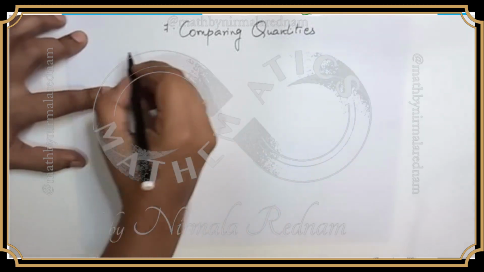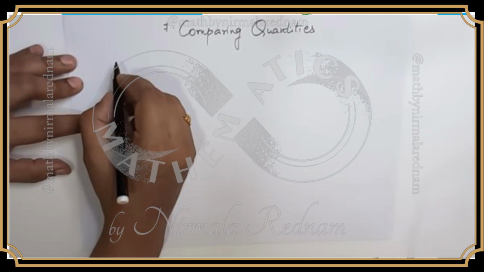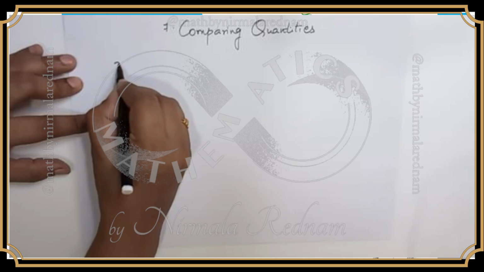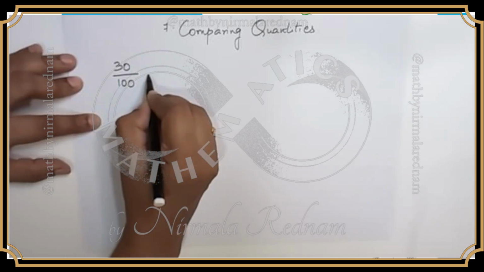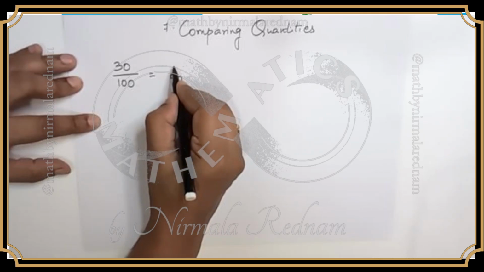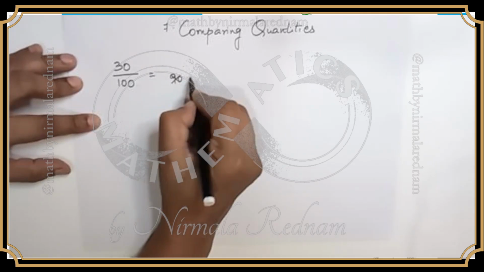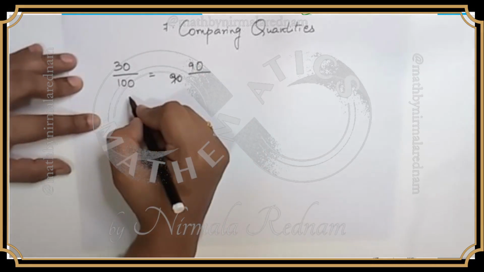So they're saying that 30% is nothing but the number is 90, right? So 30 out of 100 is the same as 90 out of what? 90 is equivalent to 30 out of 100.